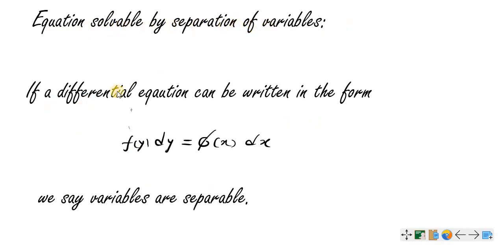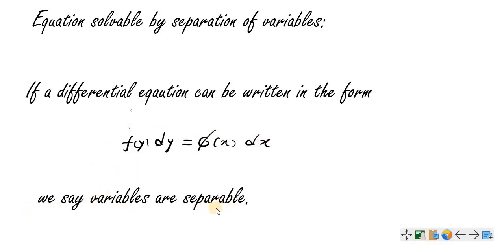Here, if a differential equation can be written in this form, where f of y is some function of y, f(y) dy is equal to phi(x) dx, where phi of x is some function of x. If we can write the differential equation in this format, then we can say the variables are separable.